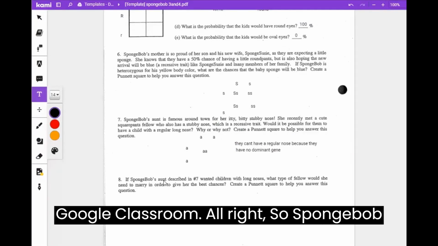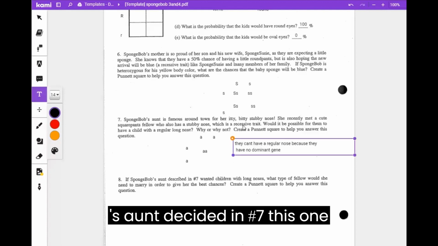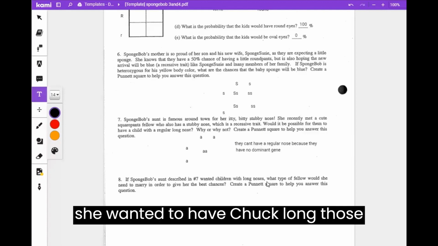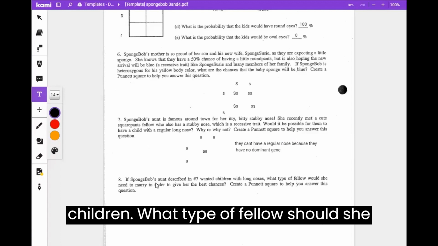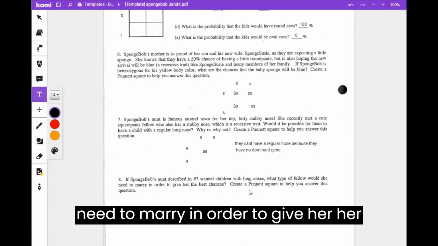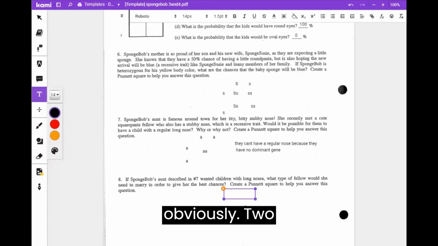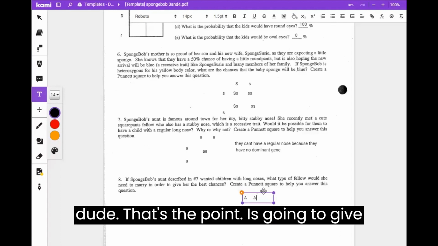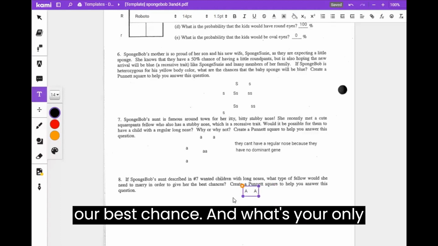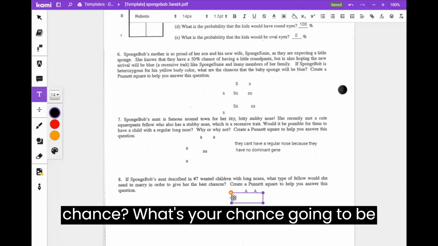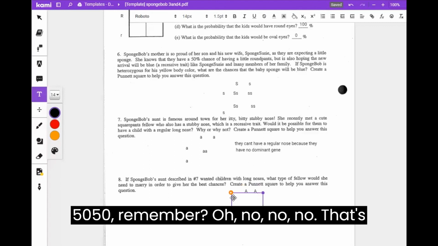All right, so if SpongeBob's aunt, in number 7, this one, decided she wanted to have long-nosed children, what type of fellow should she marry in order to give her best chances? Well, obviously, two big A's. All right, this dude. That's the one who's going to give her her best chance. And what's her chance going to be? 50-50. Remember?